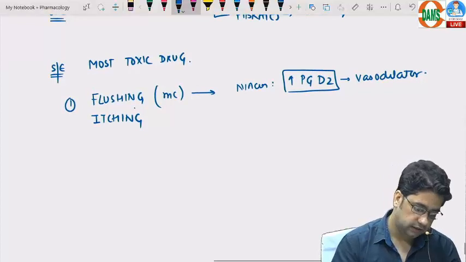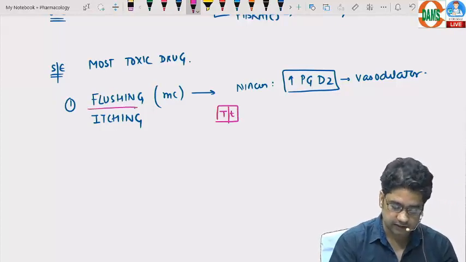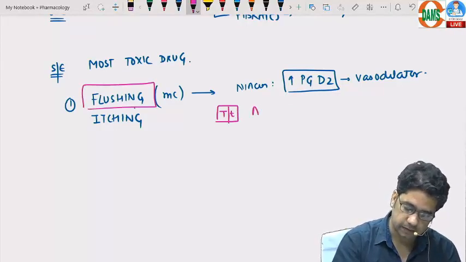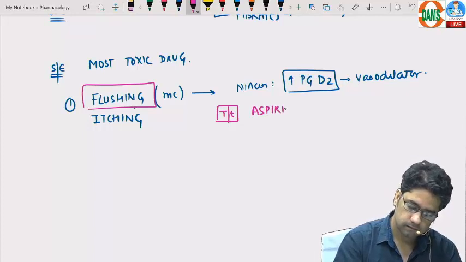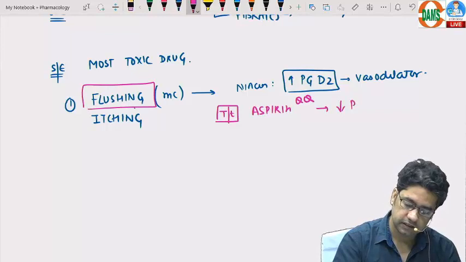So what is the treatment? Treatment of niacin-induced flushing is aspirin, because aspirin decreases PGD2 synthesis.